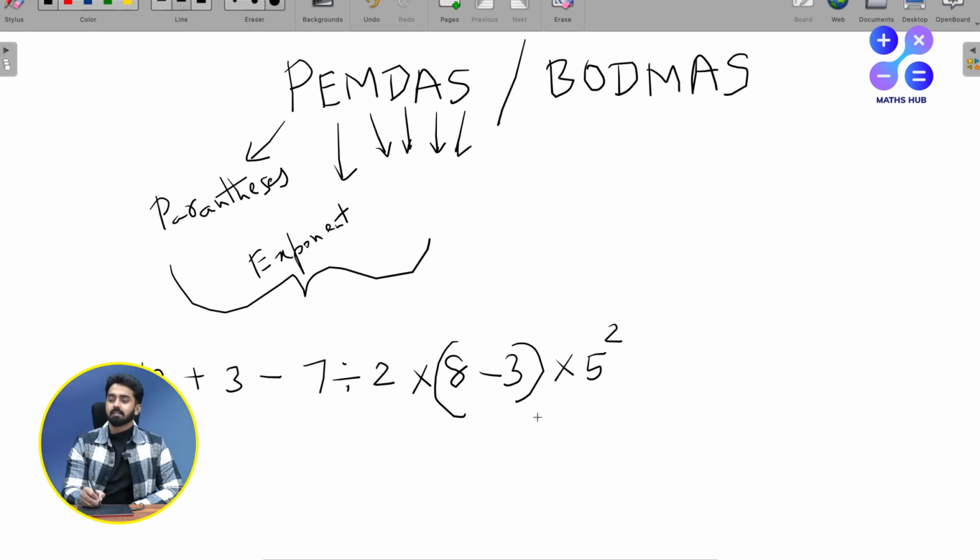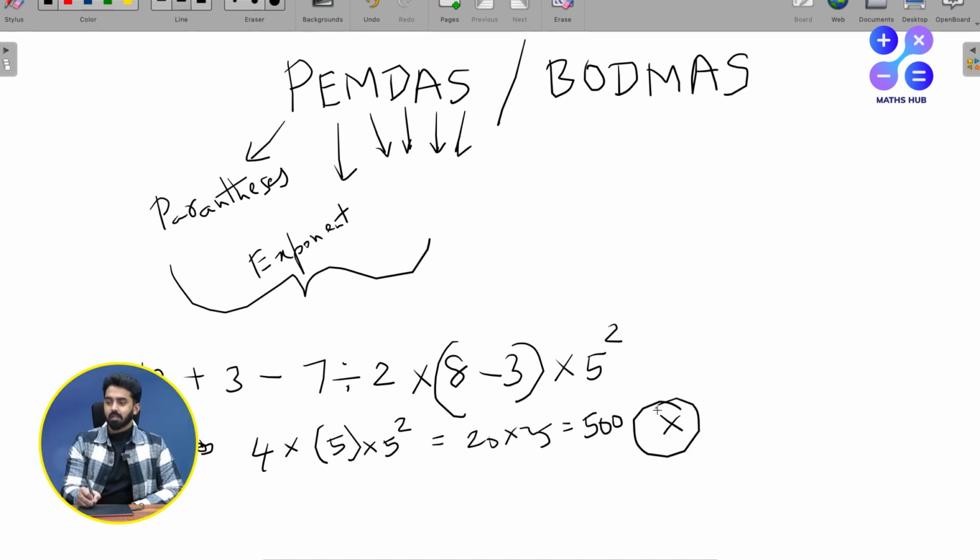Then in this case, if you start just from the left side, you will end up with, let's say, 12 plus 3 is 15, 15 minus 7 would give you 8, 8 by 2 is 4, and then 4 times 8 minus 5 is 3, and times 5 square, so that will give you 20 times 25, right? So that's going to be 500. But that's going to be a wrong answer because you haven't followed the PEMDAS rule.